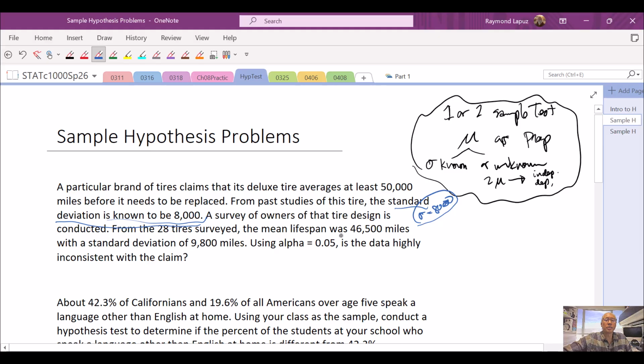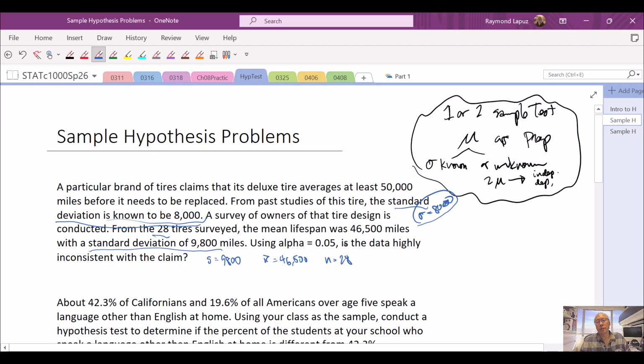A survey of owners found that 28 tires surveyed, so that's going to be your N. The mean lifespan for those surveyed was 46.5, so that's X bar. And then this standard deviation is S. S is equal to 9,800. And so just so we're clear, our X bar is equal to 46.5, and our N is equal to 28.